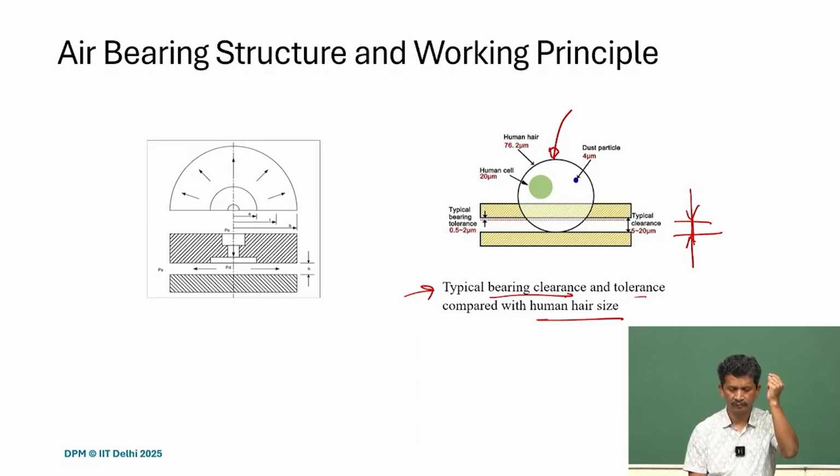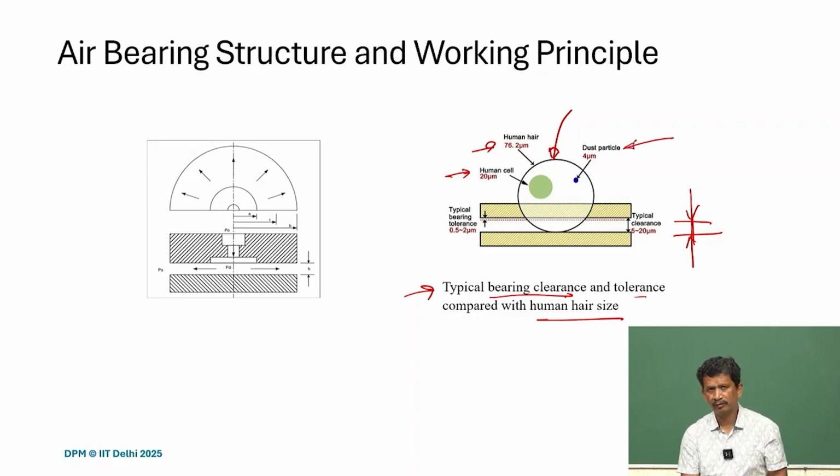The human hair diameter is of the order of 70-80 micron. This is the human cell, the green one, 20 micron. The finer dust particle is about 4 micron. Now, this gap is of the order of 5 to 20 micron.